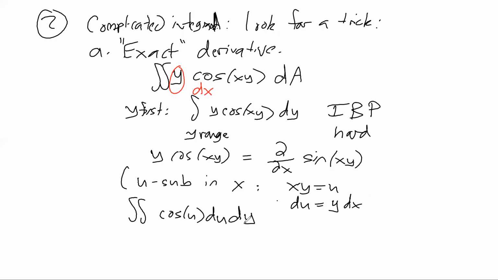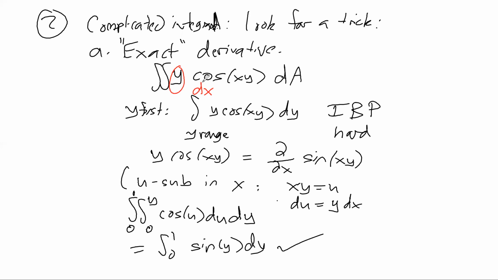And so now you have the integral from, let's just say, 0 to 1. Now the integral is 0 to y. So we get a slightly more complicated looking integral, but now you don't have to use integration by parts. Now you just get sine of y dy, and that thing you can do.